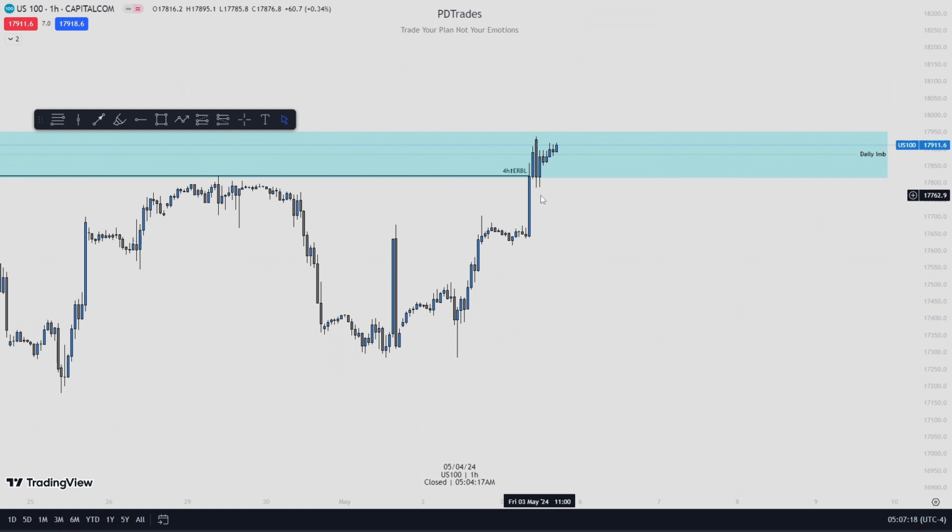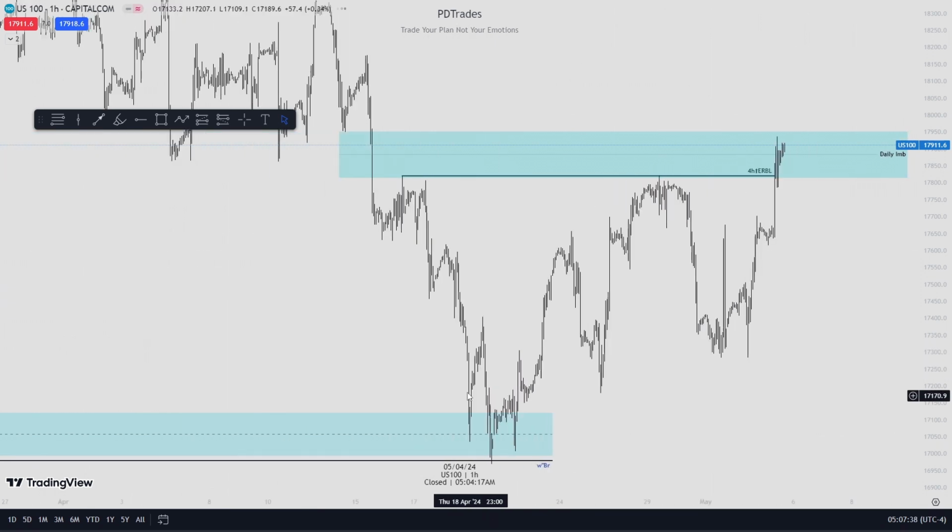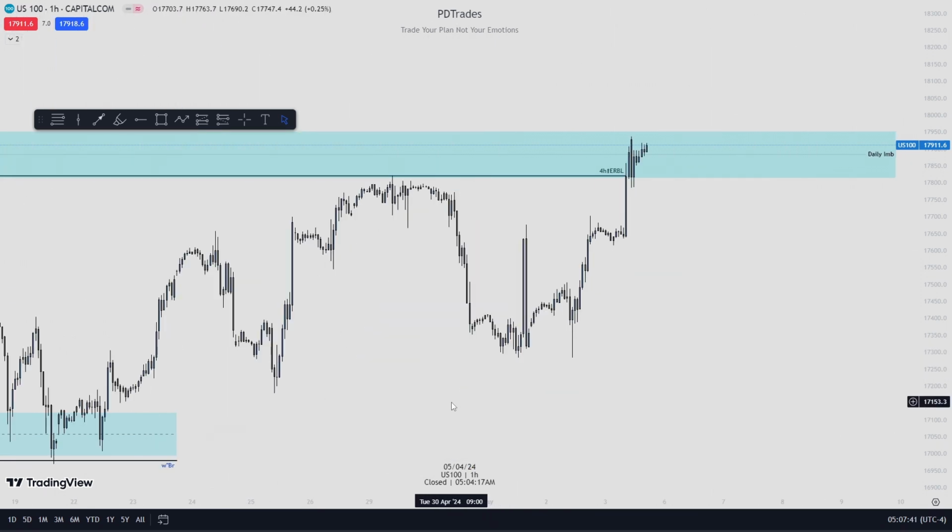I can't be sitting on my PC the entire day. I'll be plotting my areas of liquidity, my points of interest, and so on, then I just take my phone with me, because whatever I've plotted here, I can see it on my phone. So it becomes simpler. And the nice thing about TradingView is that it's flexible. It has more tools than just using MetaTrader.